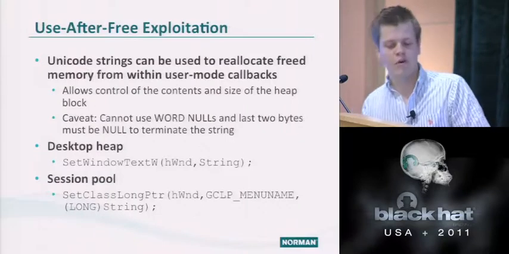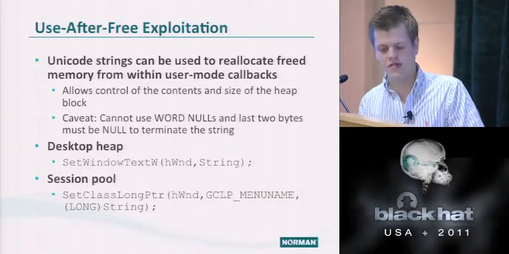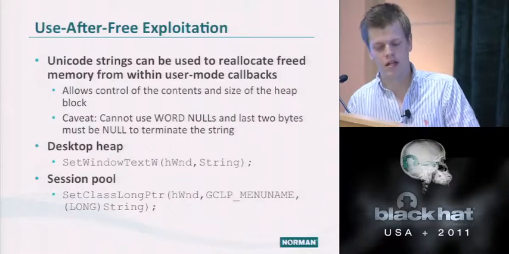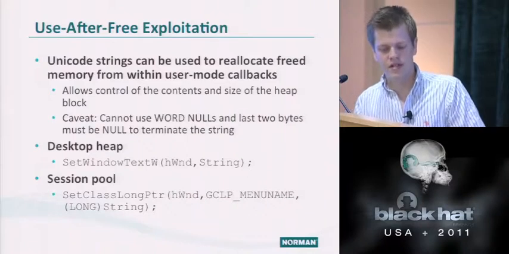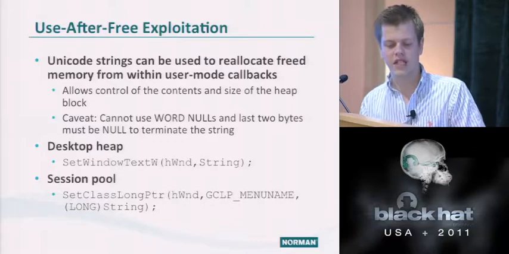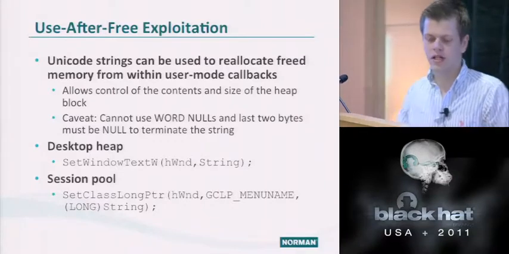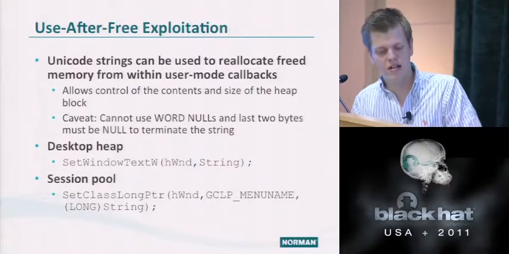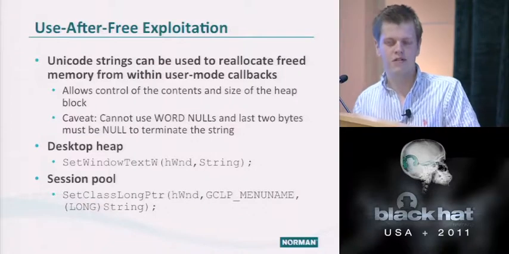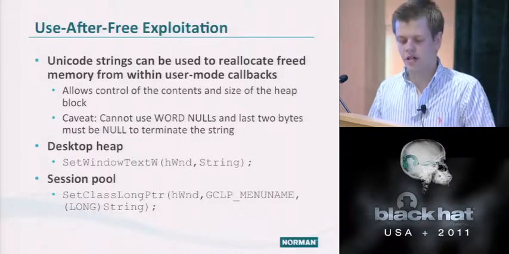So for exploiting use after free vulnerabilities, we can use Unicode strings to reallocate the memory from the user mode callback. This allows you to control the size and the contents of the heap block, so it's very flexible. The only caveat is that you cannot use word nulls, and the last 2 bytes of the string obviously have to be a null terminator.